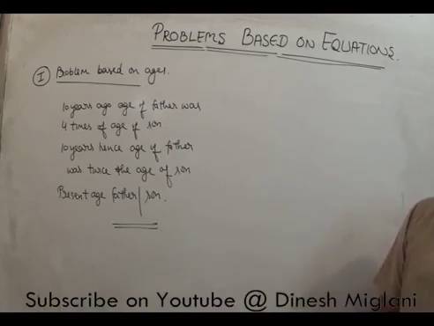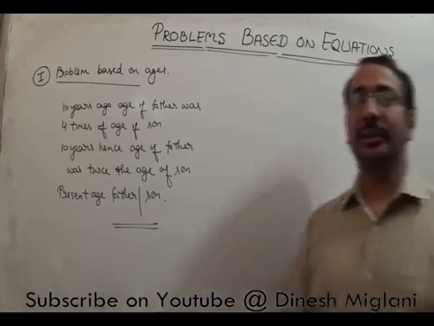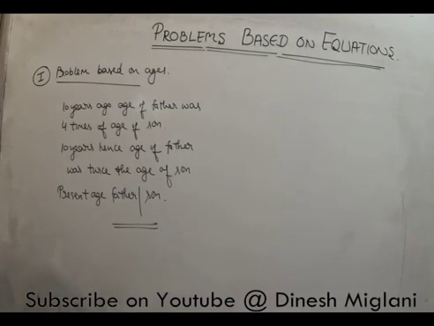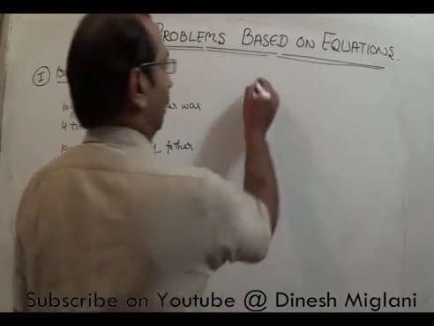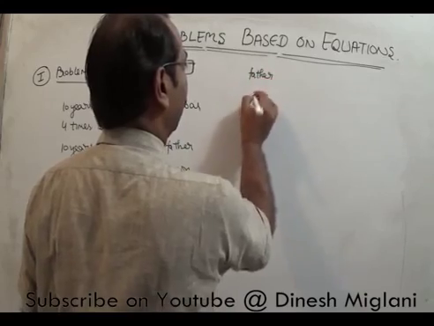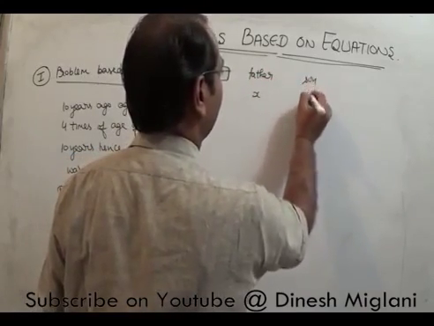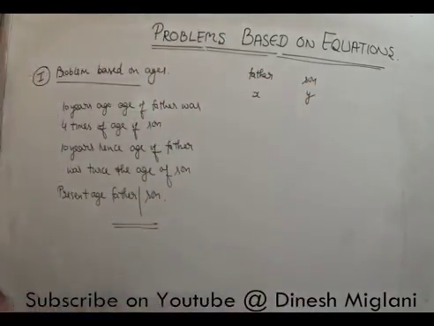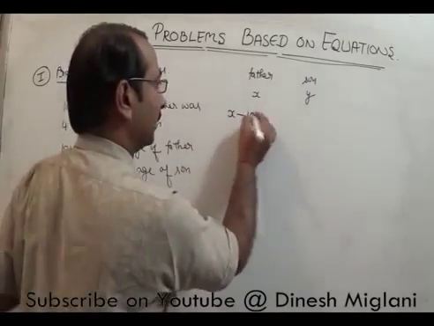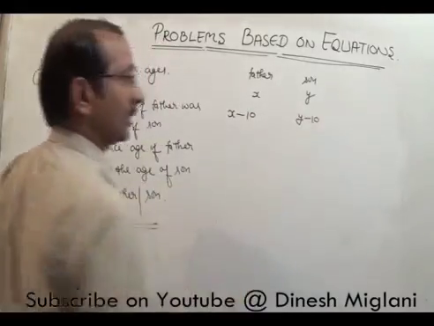Now, when I start with the statement, this question can be answered in two ways. First, we try to solve it with a two variable equation, then with a single variable. For example, if I take the age of the father as x and the age of the son as y, then 10 years ago the age of the father will be x minus 10 and the son will be y minus 10.